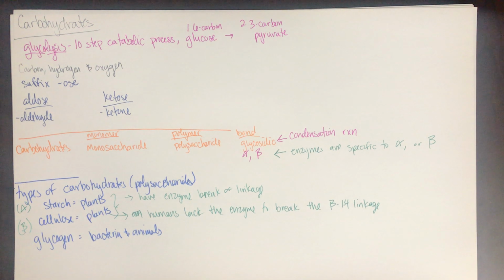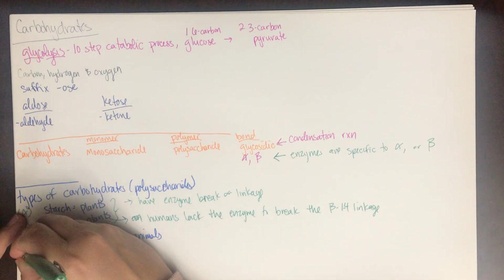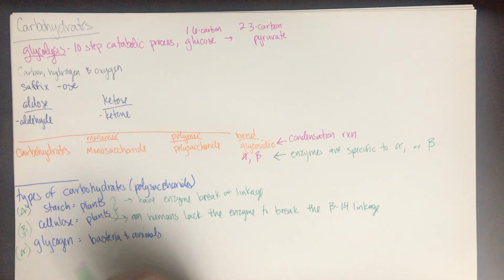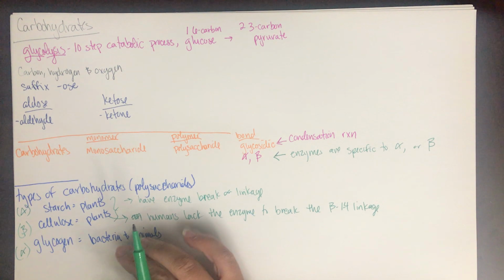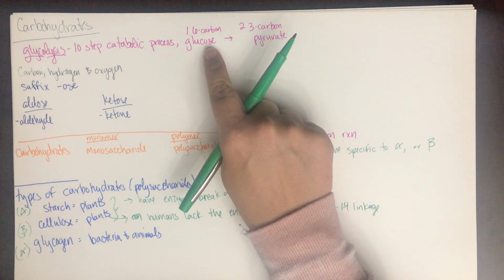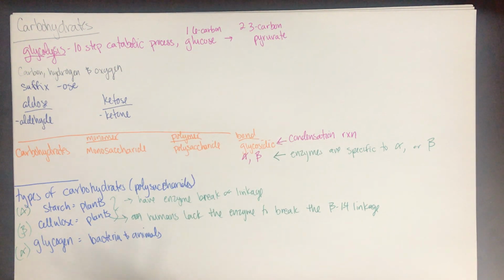Glycogen, how we store glucose, also has alpha linkages. So any extra glucose that we take in, we store as glycogen. We'll talk about all of this later when we get into glycolysis and metabolism in a few more lectures.